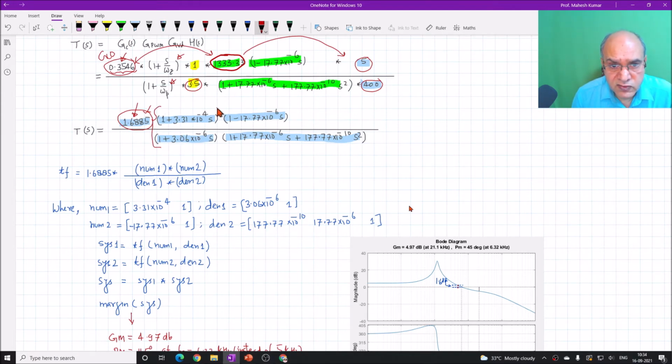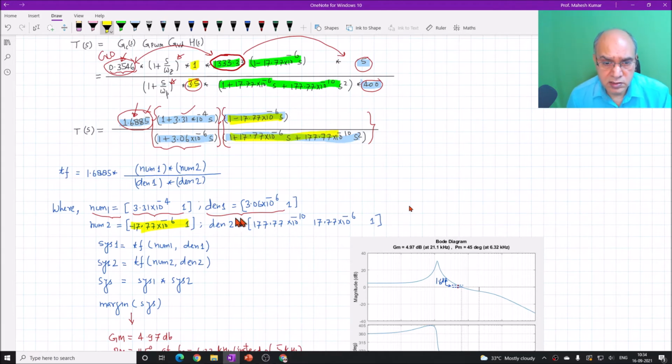We can define numerator 1 as this one, denominator 1 is this one, and then numerator 2 as these parameters, denominator 2 as this parameter, and then we will define system 1 as transfer function, numerator 1 and denominator 1, and then system 2 as transfer function, numerator 2 and denominator 2.